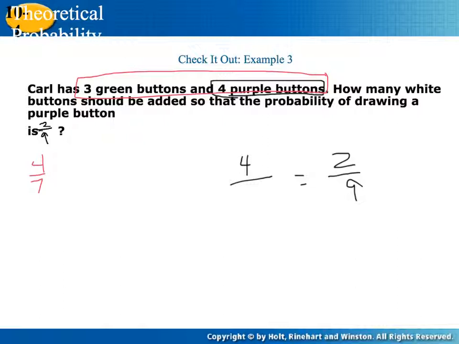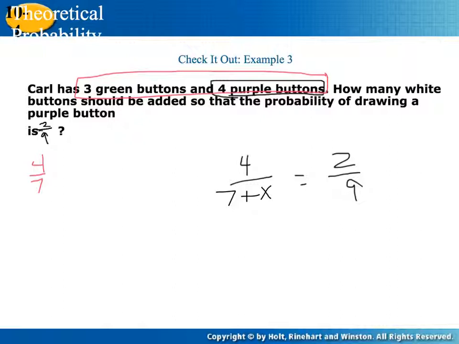So what we have to do is figure out how many buttons need to be added to my total to get a 2/9 solution. So I take my 7, which is my total, and I add x, because I need to improve that 7 on the bottom to answer my final problem. To answer how many total I need to have to get a probability of 2/9.